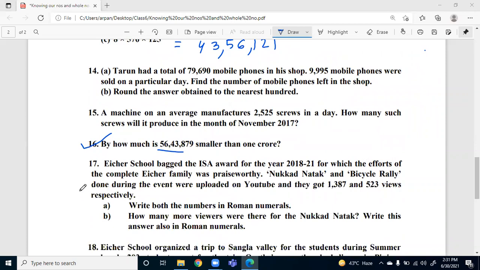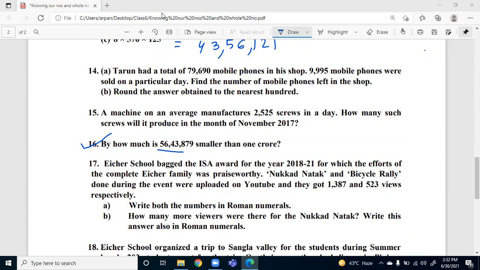Okay. So I'm reading question number 17, and please lower your hand. Then I will ask you. Aisher School bagged the ISA award for 28. What does ISA award mean? I will confirm.